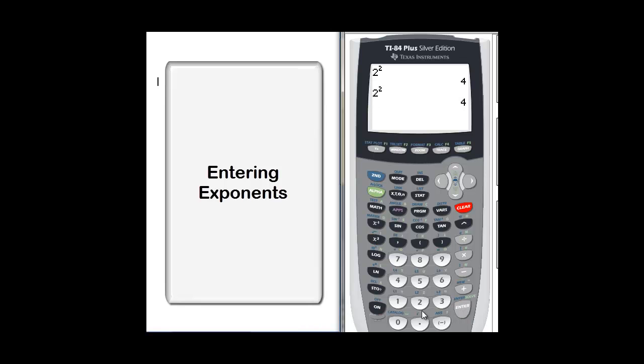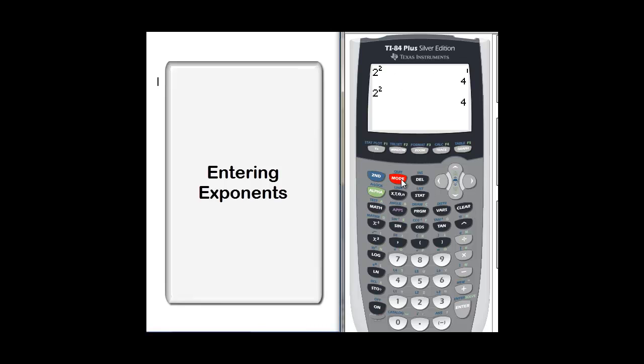Say I want to find 2 cubed. There are 2 different ways I could do that. Here in your math button, you can see that I can find the cube root or something cubed. If I choose number 3, I'm going to find that number cubed. Number 4 is the cube root of a number. So let's say I want to find 2 cubed.